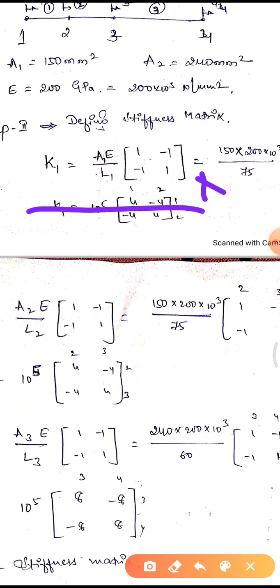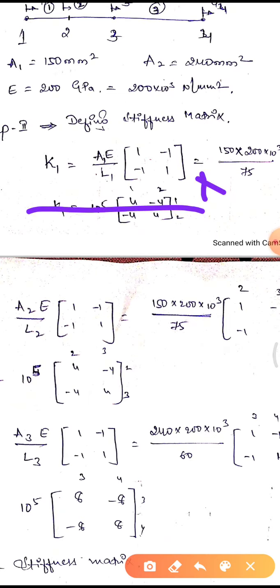Once you have written the elements 4, minus 4, 0, 0, the same thing you need to copy here, because a stiffness matrix is a symmetric matrix. So minus 4, this is 0 and this is 0. Once we have written these things, next we need to go for the second row.